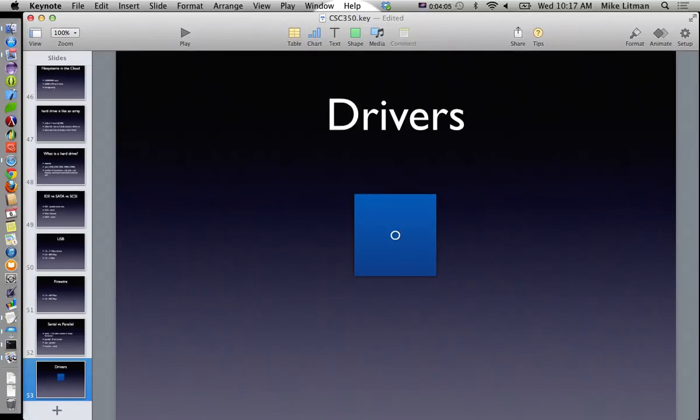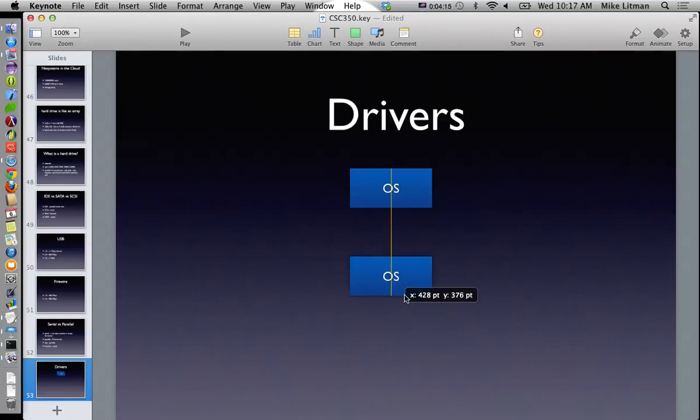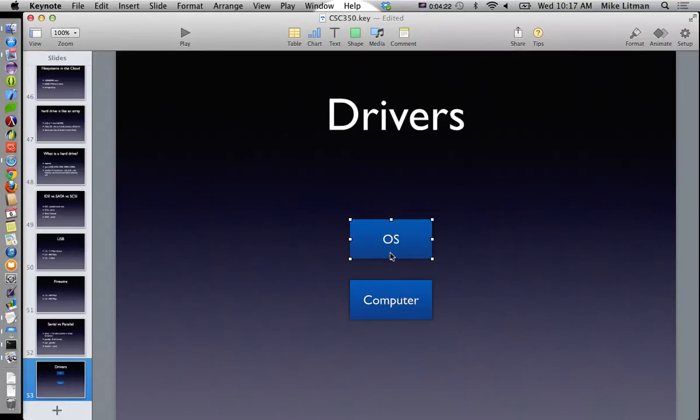Okay, so we have our operating system. We have our computer. Then we have our user.